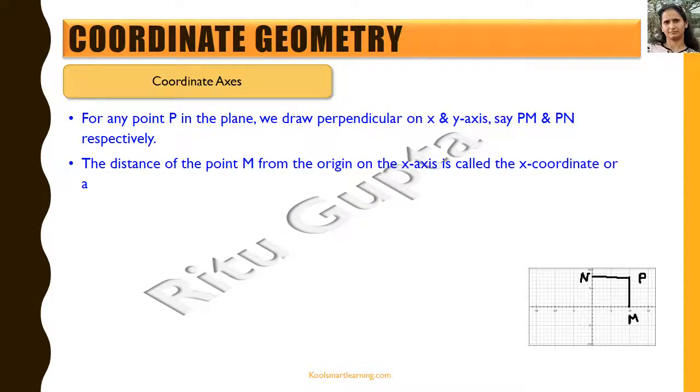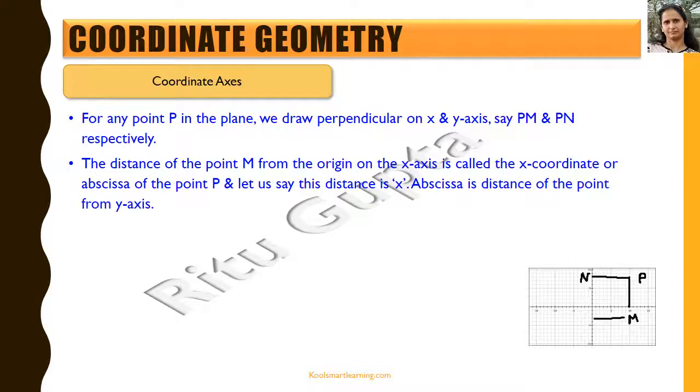Now the distance of this point M from the origin, if we call the origin O, then this distance OM is the x coordinate of the point P. Let's denote it as x. This is how we denote a point P on the coordinate axes.